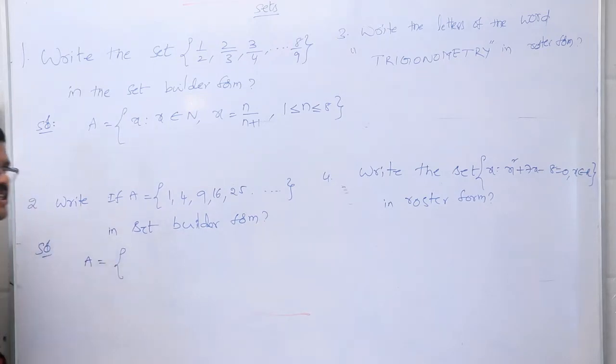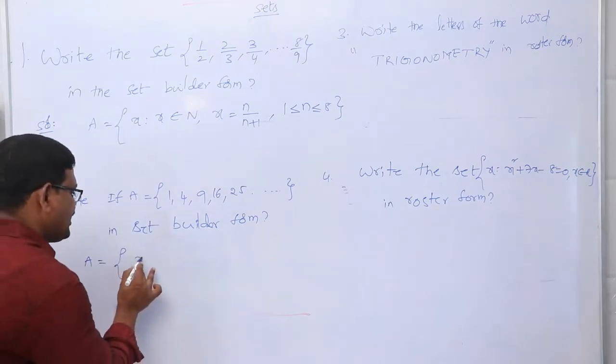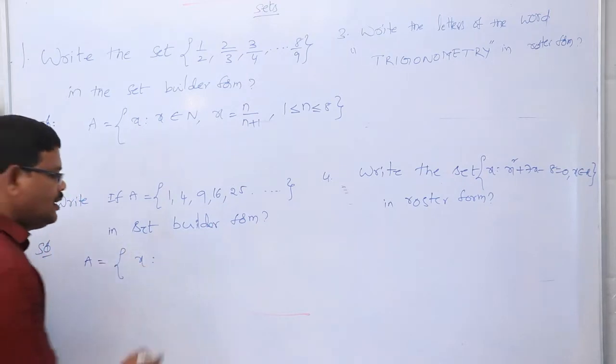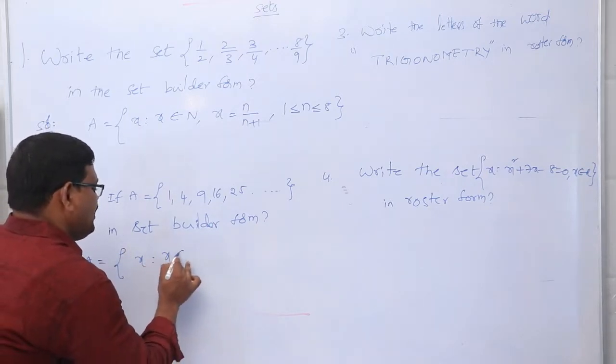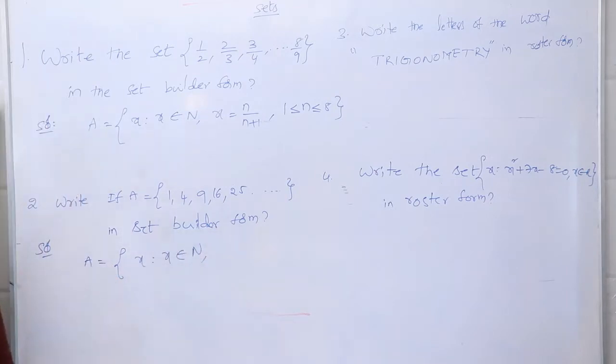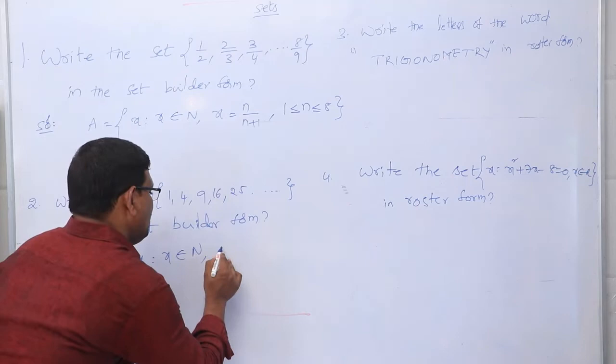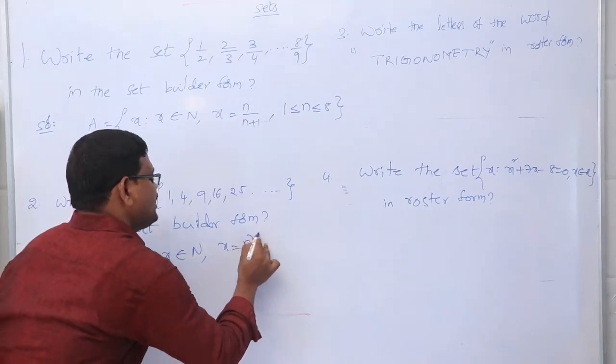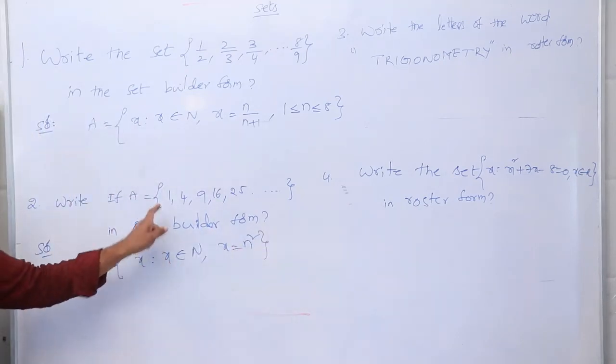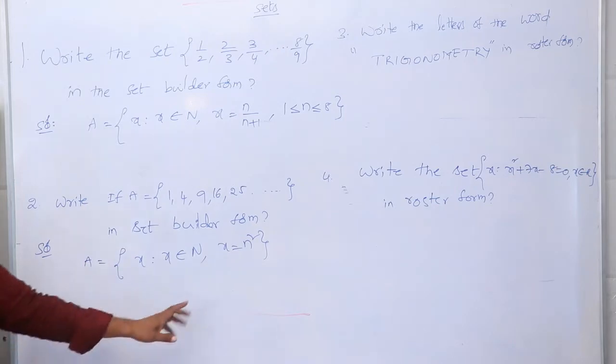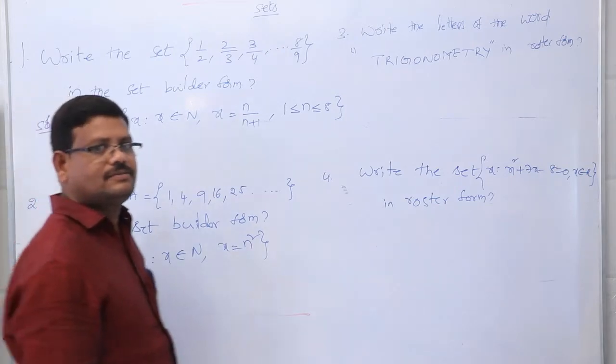In set builder form, x is such that x belongs to natural numbers, all these are natural numbers, and x equals n square, and this is called the set builder form for the terms.